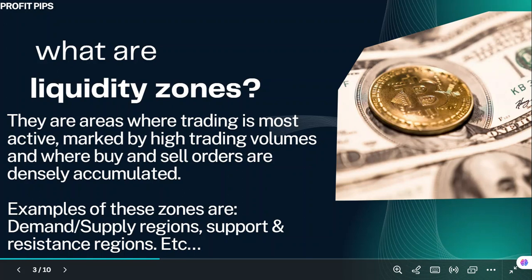In those regions, orders are densely accumulated because of the interest of traders, big money movers, the hedge funds, the central banks, and the likes. The interest they have in those regions is what makes it a liquidity zone.